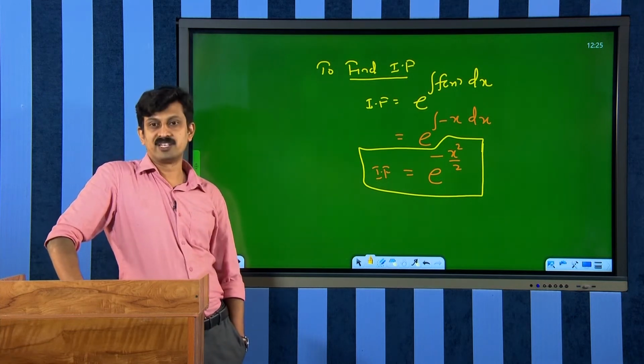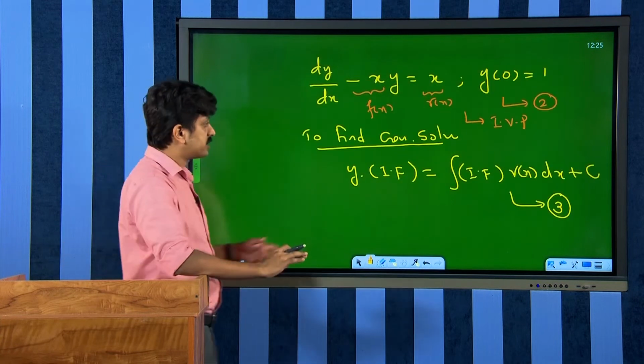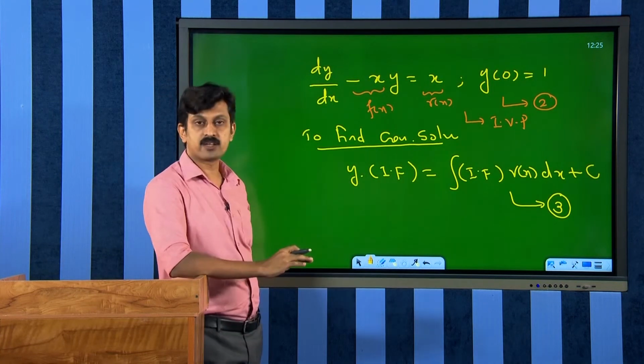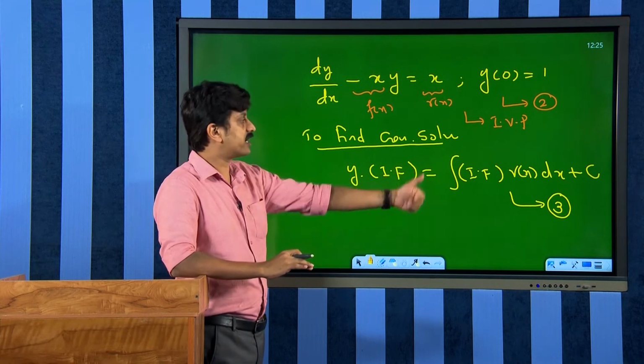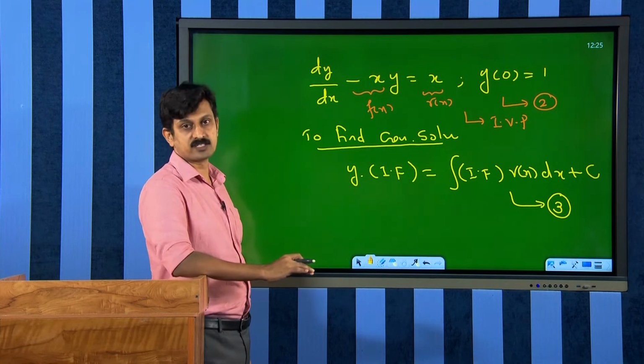So in equation 3, y into the integrating factor is equal to the integral of the integrating factor into r of x dx plus c.